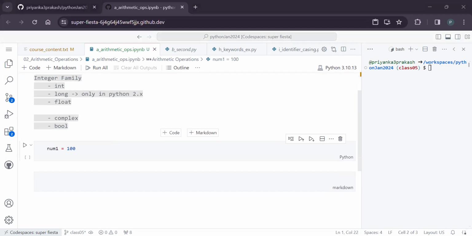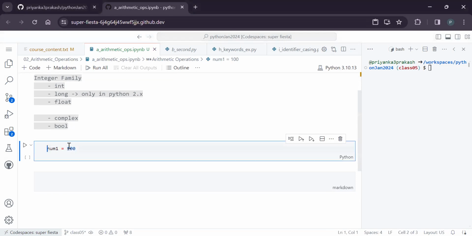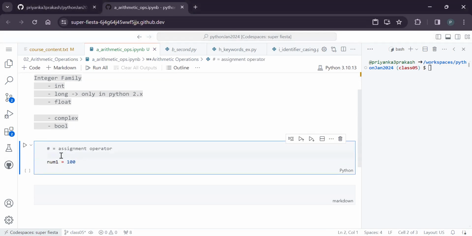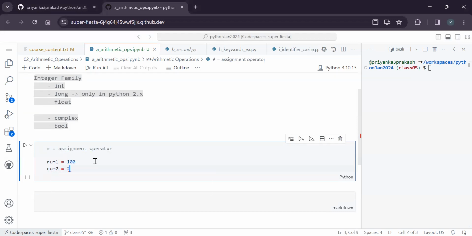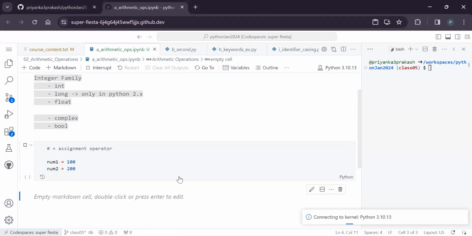So coming to this first, in terms of the integers or anything, there is a concept called assignment operator. This is called an assignment operator that you need to learn, meaning equal to. If you want to assign a value like this, you do it. Similarly, if I say number 2 is equal to 200, I can do all the assignments.